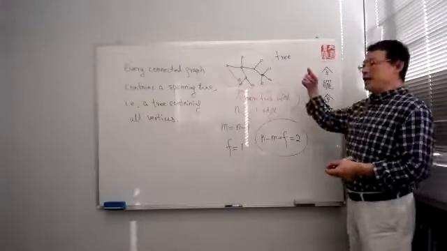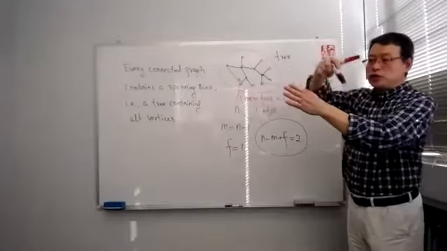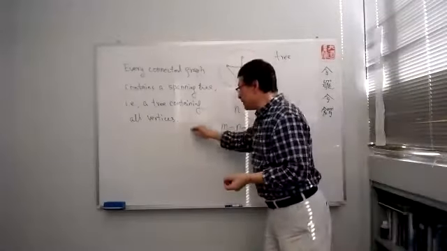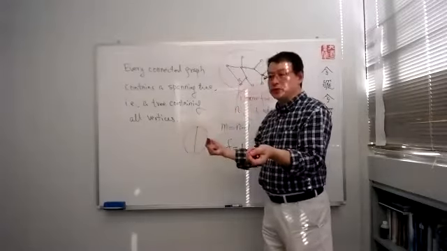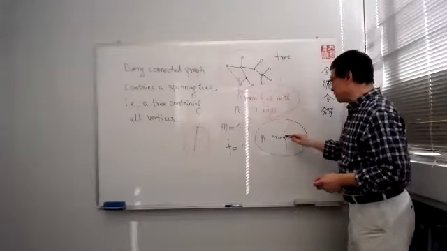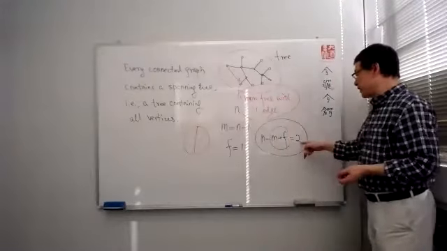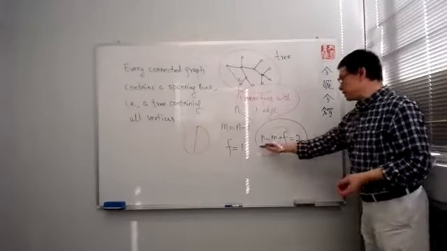Each time we add an edge in a region, it divides the region into 2. So one face becomes 2. We add one edge, we create one cycle, so these two keep on canceling. So again, this relation is still maintained. In the end, we still have this.